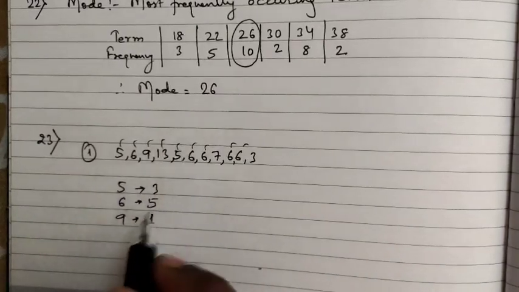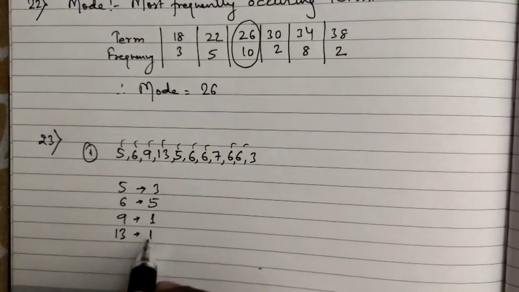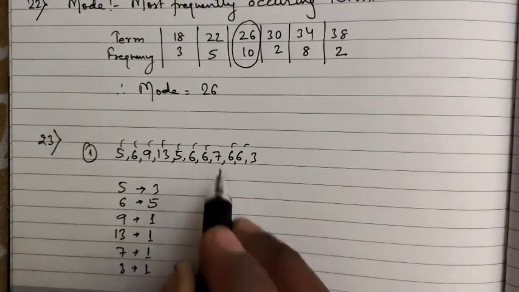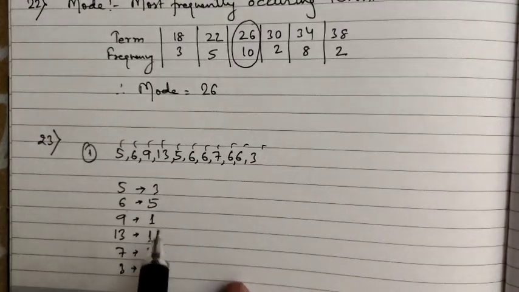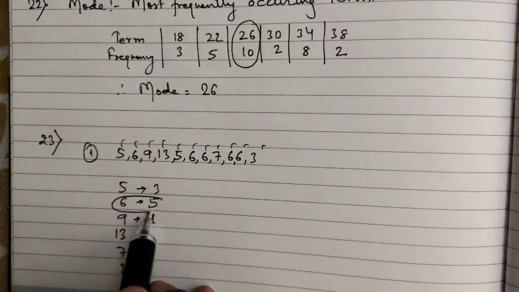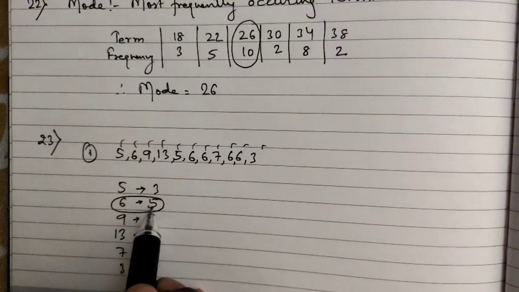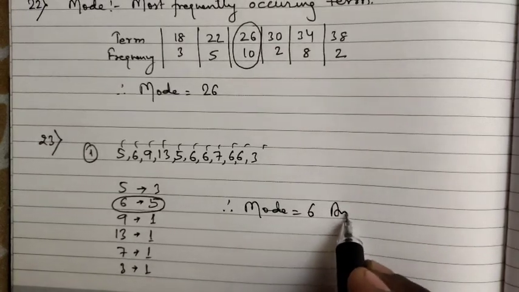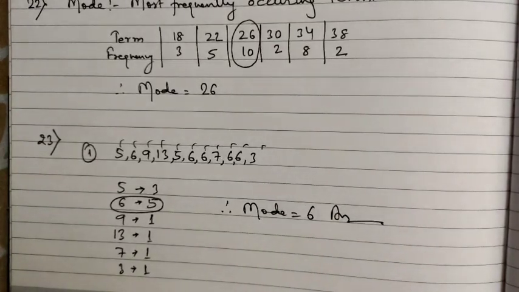Then 13 one time, 7 also 1 time, and 3 also 1 time. Whose frequency is the most? It is 6. 6 appears 5 times, therefore mode is equal to 6. We will write this as our answer.